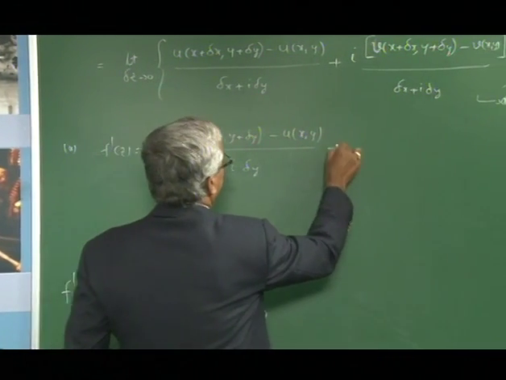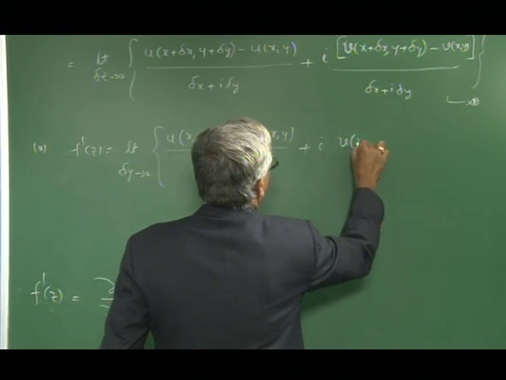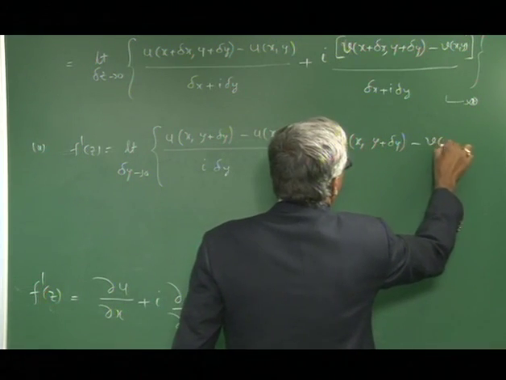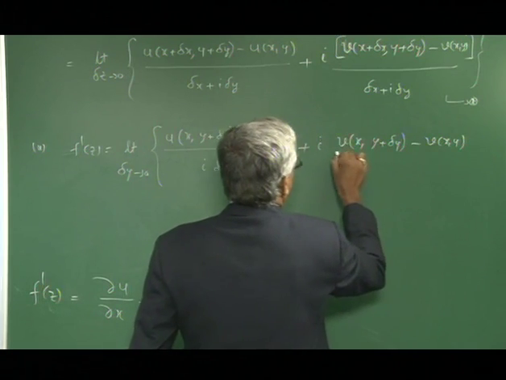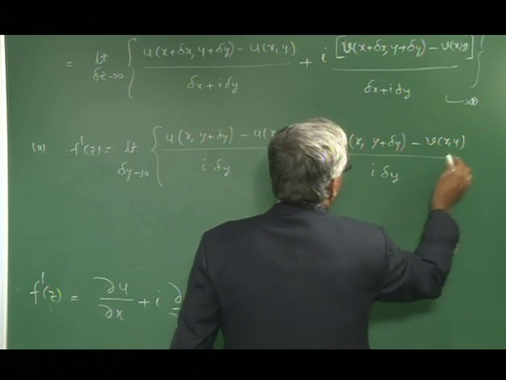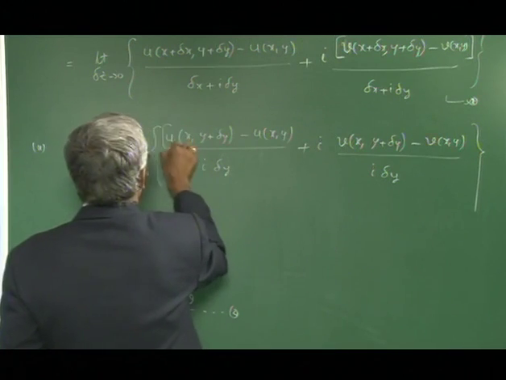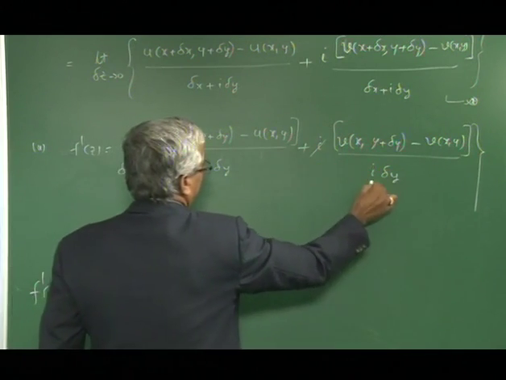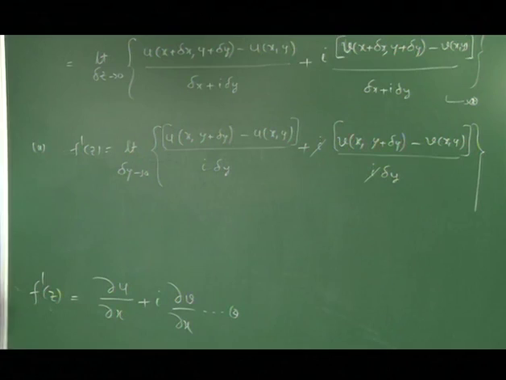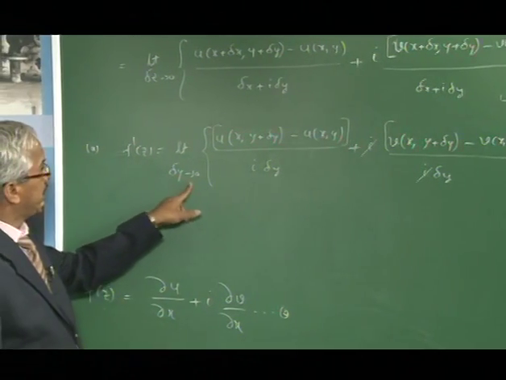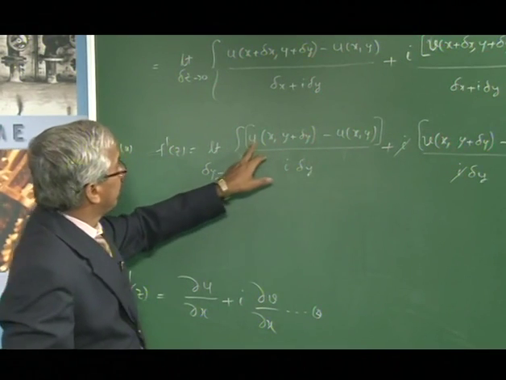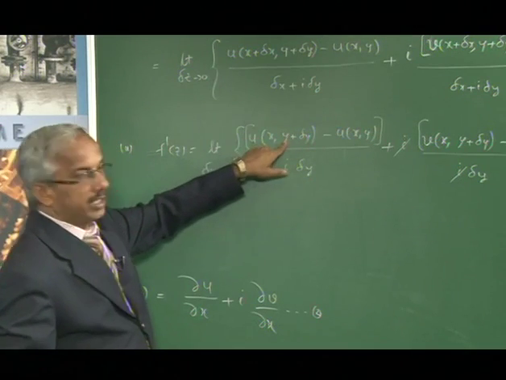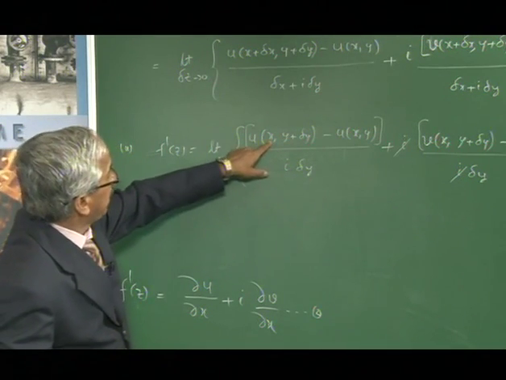Therefore, I take i into [v(x, y+Δy) − v(x, y)] divided by i into Δy. Now, here i and i cancel; 1 by i is retained. As the limit Δy tends to 0, observe that in the numerator u(x, y+Δy), we are allowing y to vary and keeping x constant.